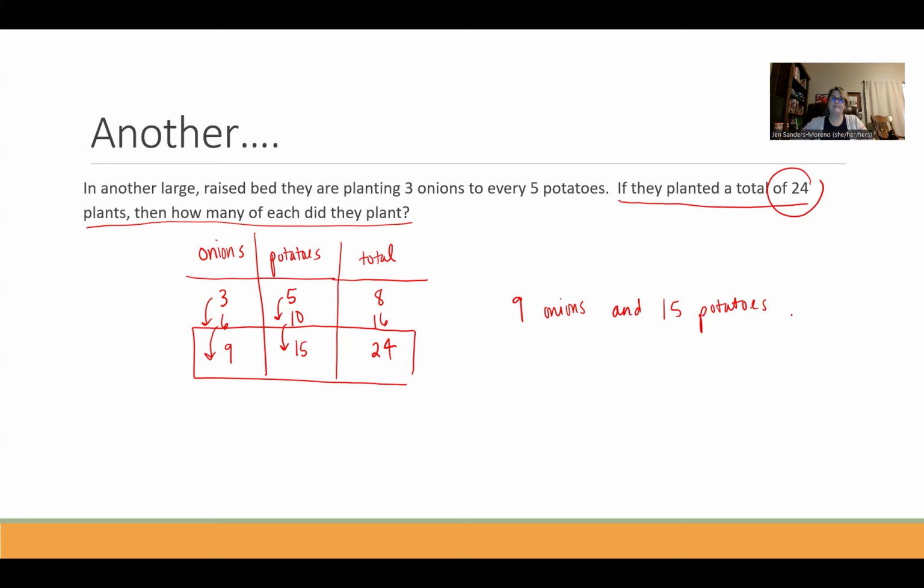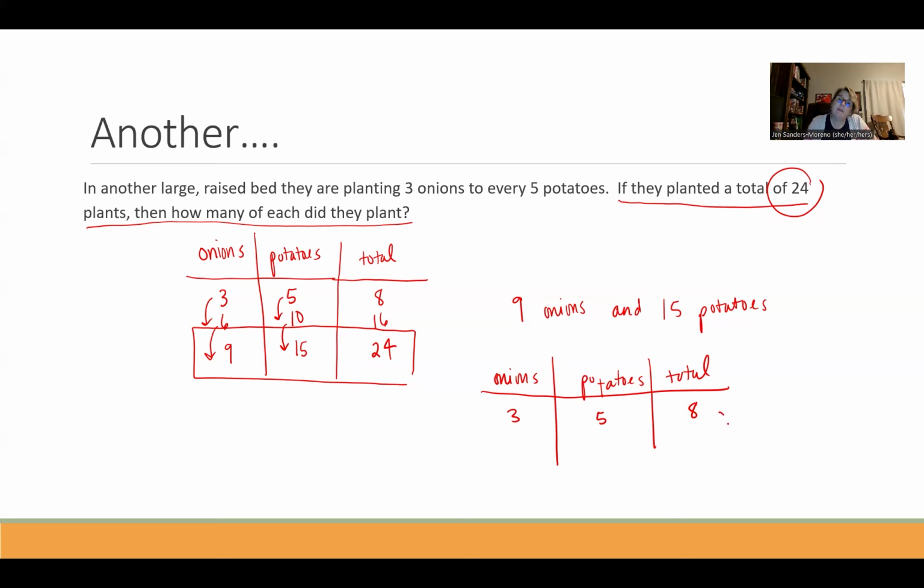All right. Is there a way to do this sort of algebraically? It's a little bit messy, but yes, you basically would want to start the same way. Onions, potatoes. Sorry that my tea got crazy there. And a total. Okay, you definitely still need the total.